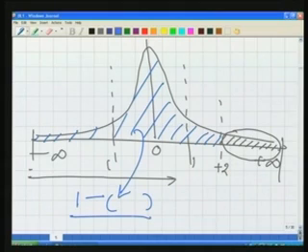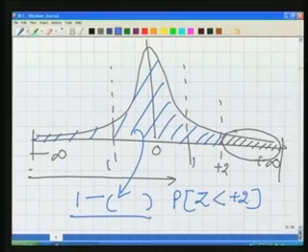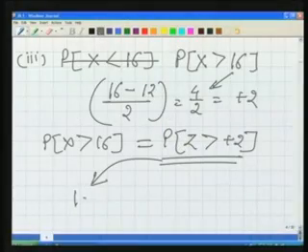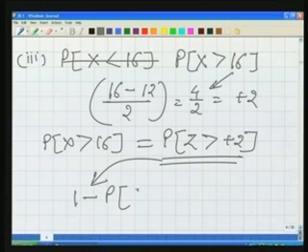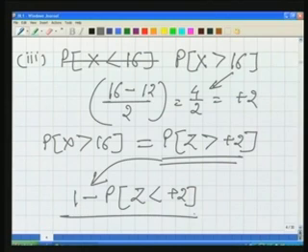What is that? The area shaded by blue color is the probability that z is less than plus 2. So what we are looking for is 1 minus the probability that z is less than plus 2. We will now find the value corresponding to this from the table, please determine it and find the answer.